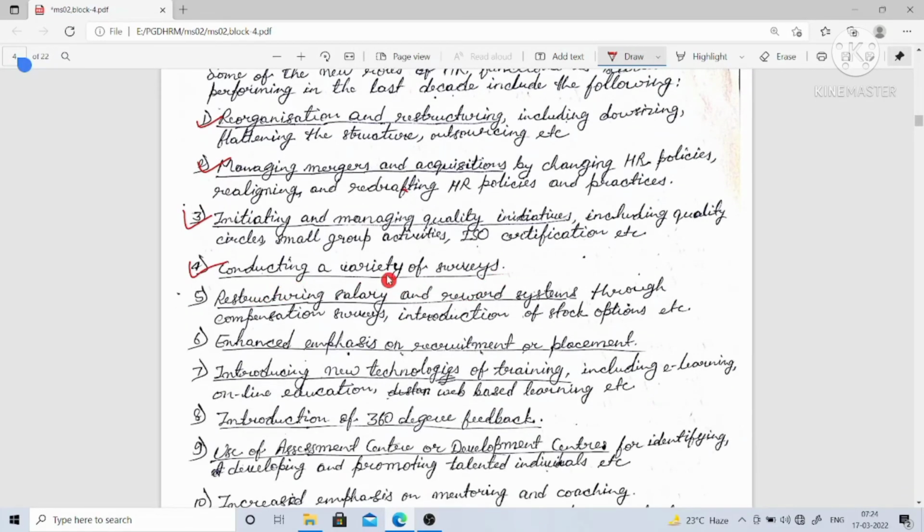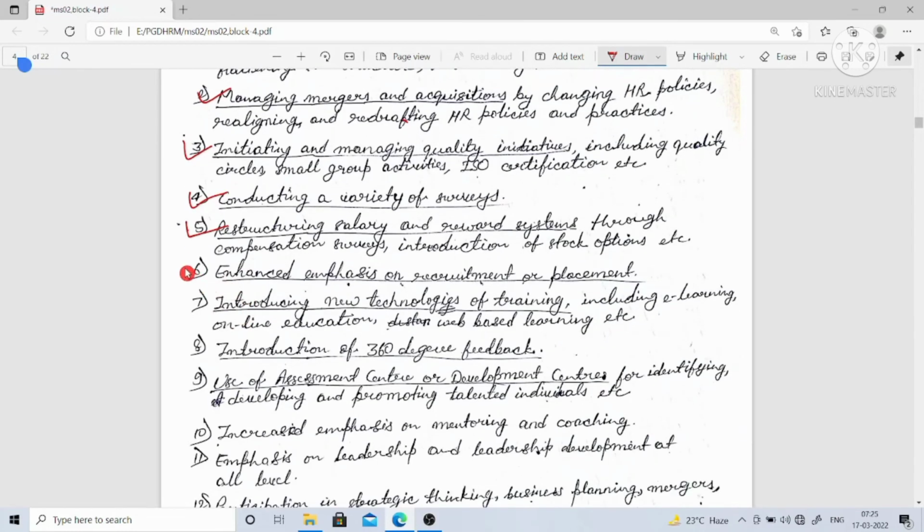So the human resource department conducts a variety of surveys. Restructuring salary and reward system through compensation surveys, introduction of stock options, etc. Means restructuring of salary and reward system for the organization is also nowadays done by the human resource department.